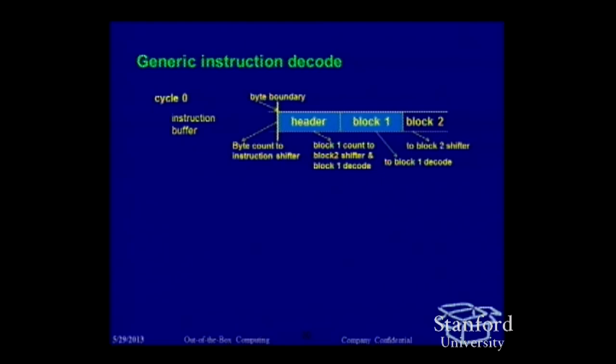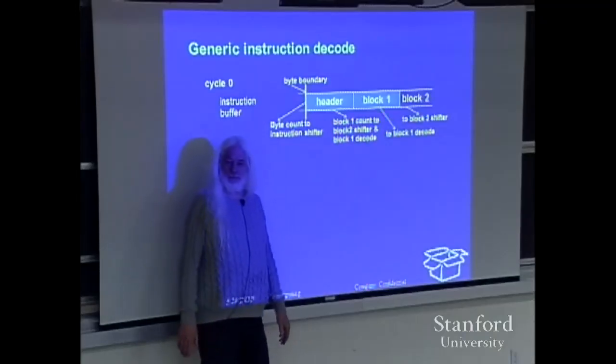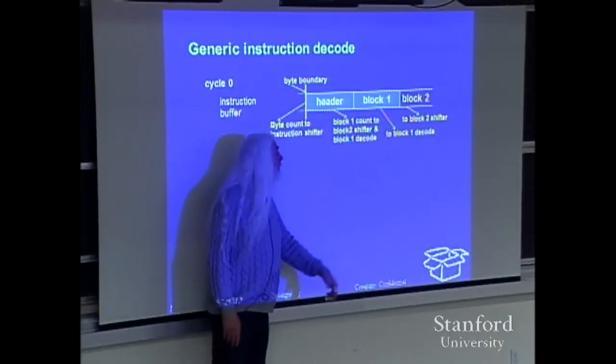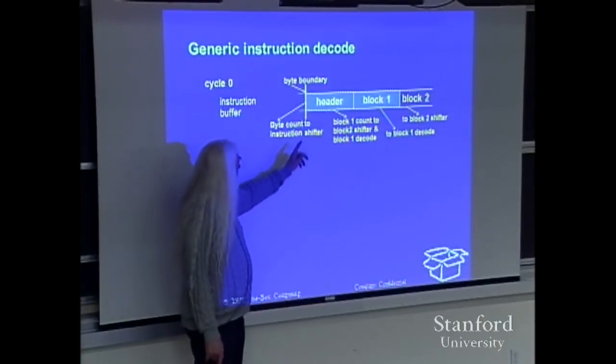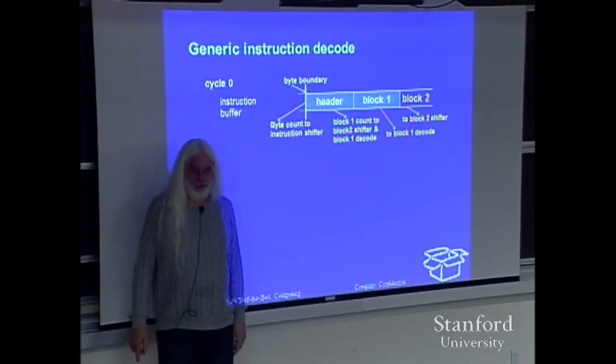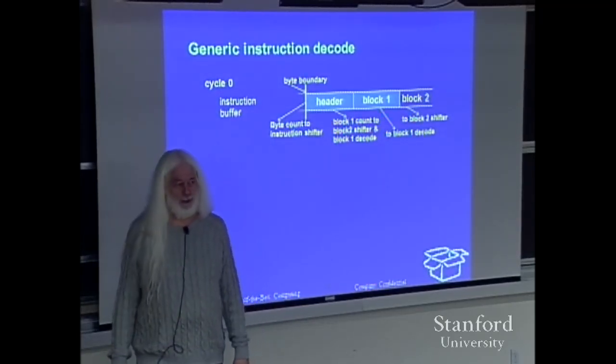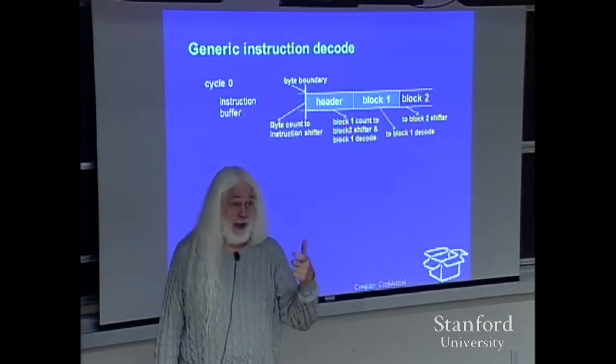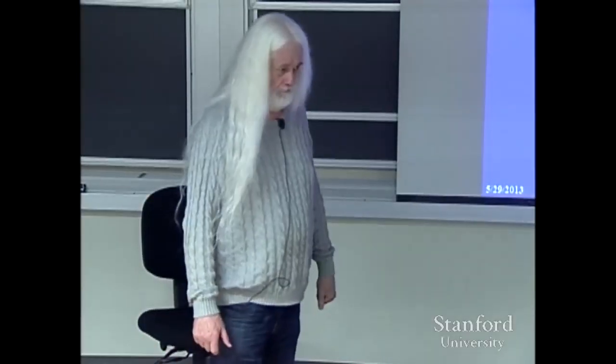So, how that generic form gets decoded. Assume magically that you have an instruction buffer that has got a left-aligned bundle in it. Bundle buffer probably would be a better term. That header contains, among other things, the byte count of the whole bundle.